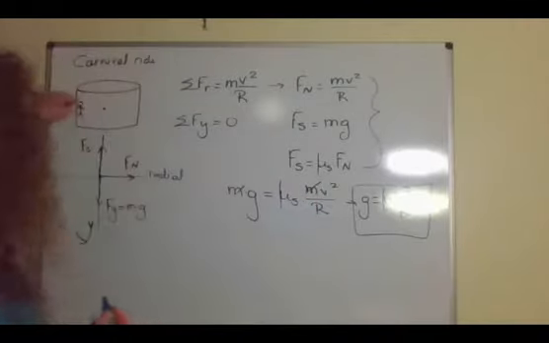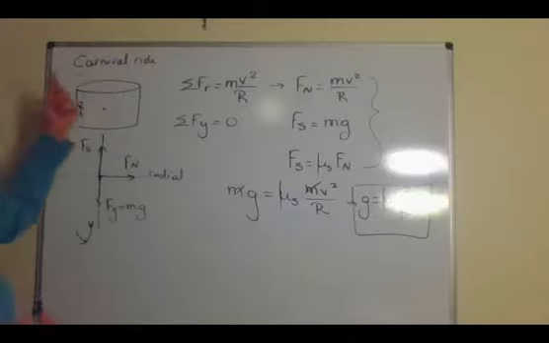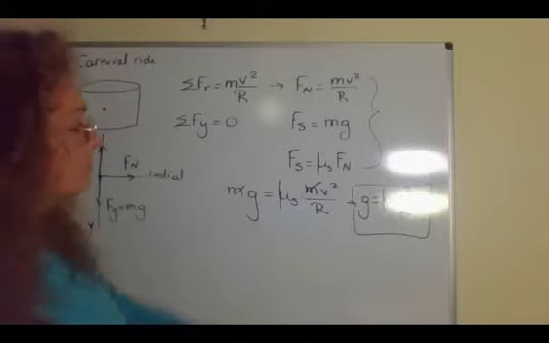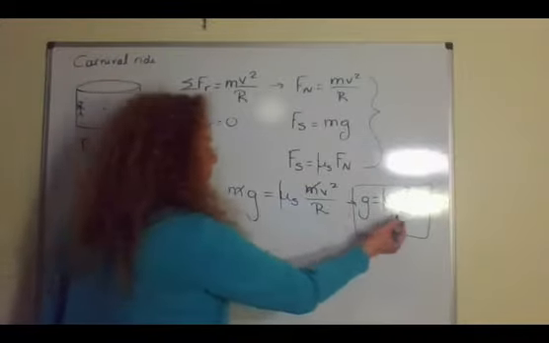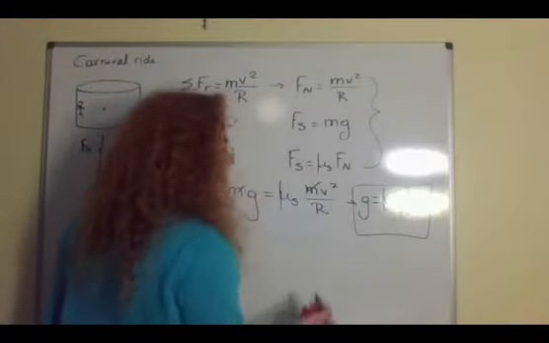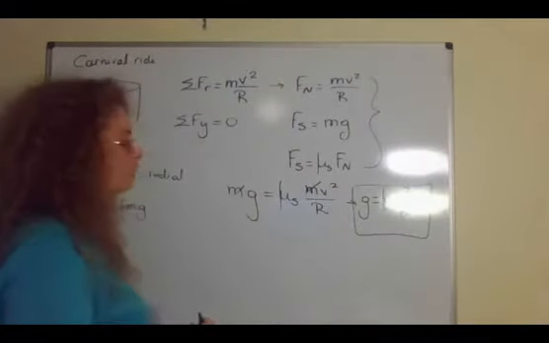No matter what the mass of this person is, the speed this is going to turn around has nothing to do with the mass. Doesn't matter. So this is the formula, and from this point on, depending on what we know, we can solve for velocity or for radius or for the coefficient of friction mu.